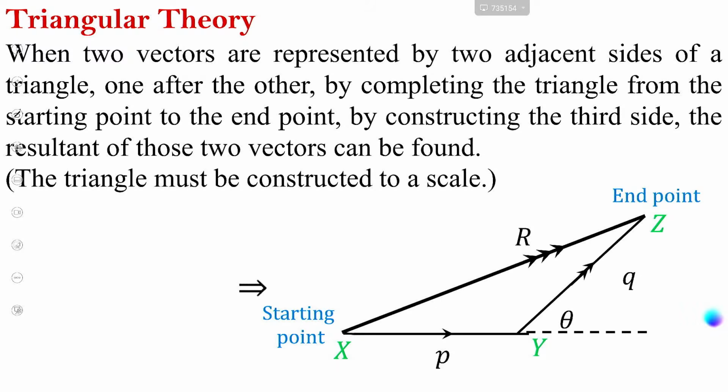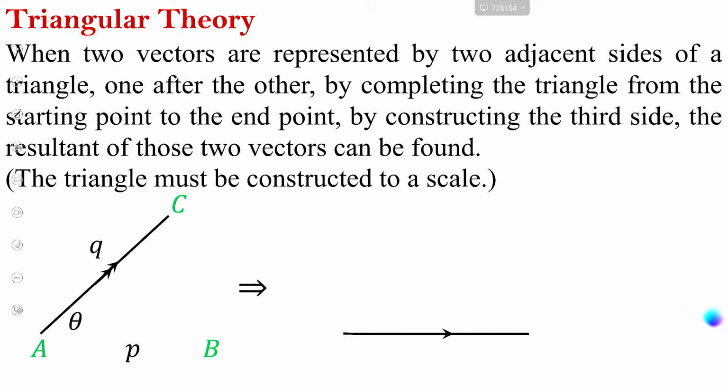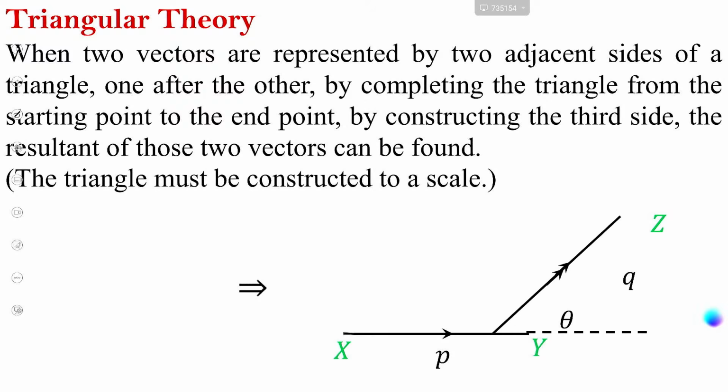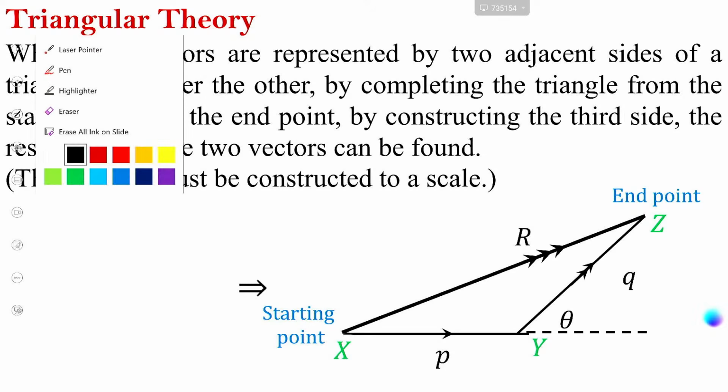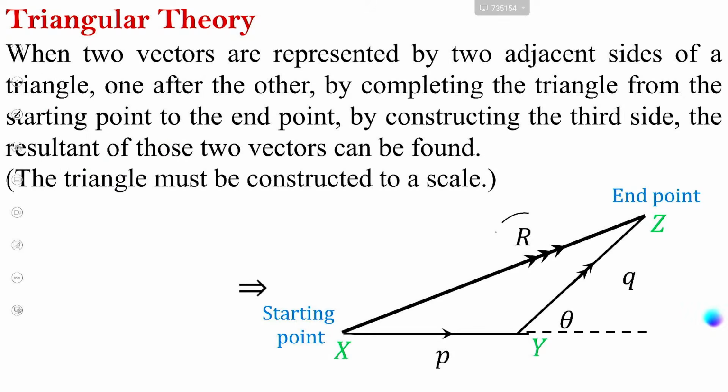Right? So we repeat the idea. There is a vector that goes to this side, and that is called XY, and we draw one after the other. Very good. Then connect the starting point to the end point, and this is known as the resultant.